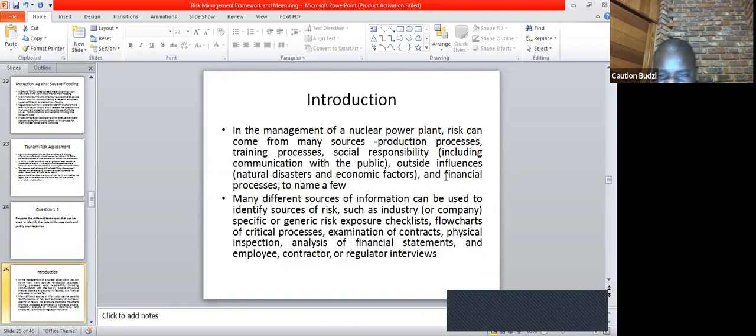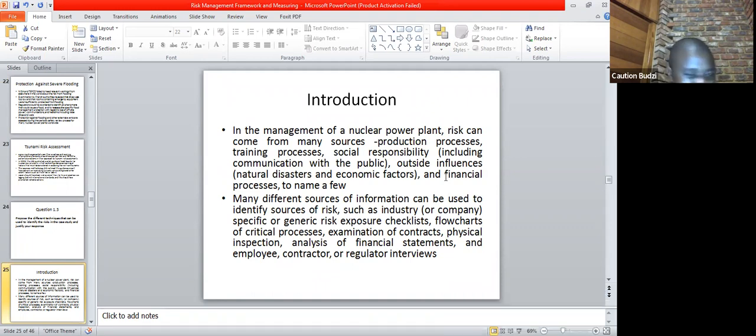Many different sources of information can be used to identify sources of risk, such as industry specific or generic risk exposure checklists, flow charts, critical processes, examination of contracts, physical inspection, analysis of financial statements, and employee, contractor, or regulator interviews. So there are a number of different ways where these risks can be identified.